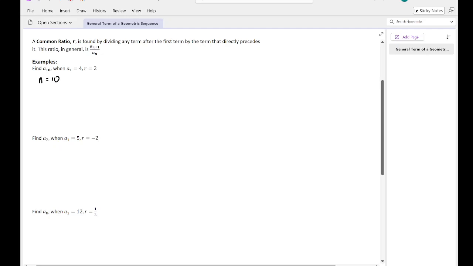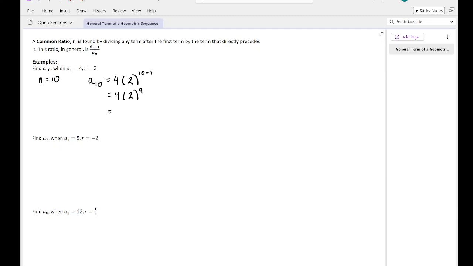So in our formula, a sub 10 equals a sub 1, which is 4, times the ratio, which is 2, raised to the n minus 1, so 10 minus 1. With a little simplification, we get 4 times 2 raised to the 9th. Instead of computing 2 to the 9th by hand, we can just put the whole thing into a calculator.